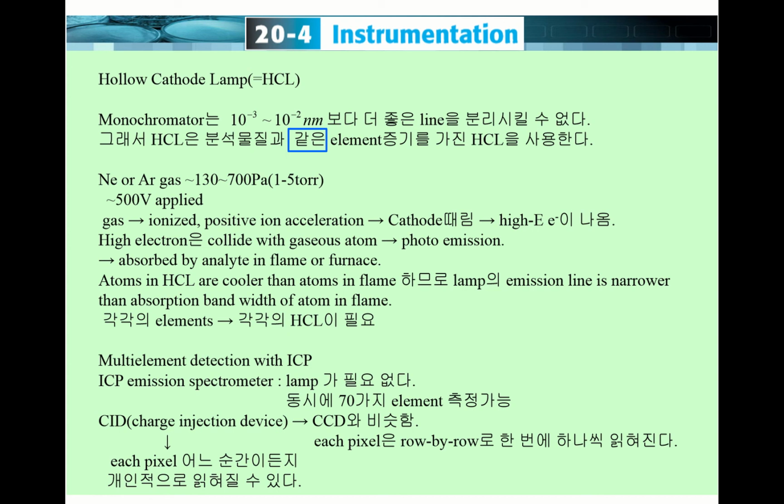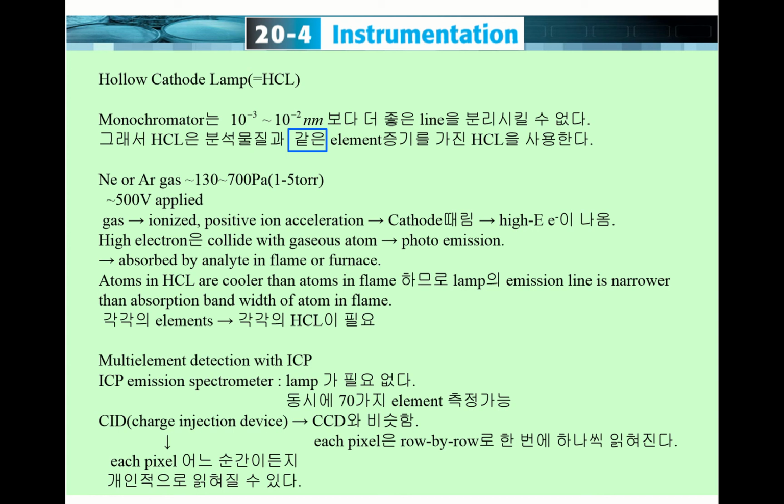The hollow cathode lamp line width is much narrower than the absorption band. As I said, for each element you need a hollow cathode lamp, so you can detect only one element with this lamp.